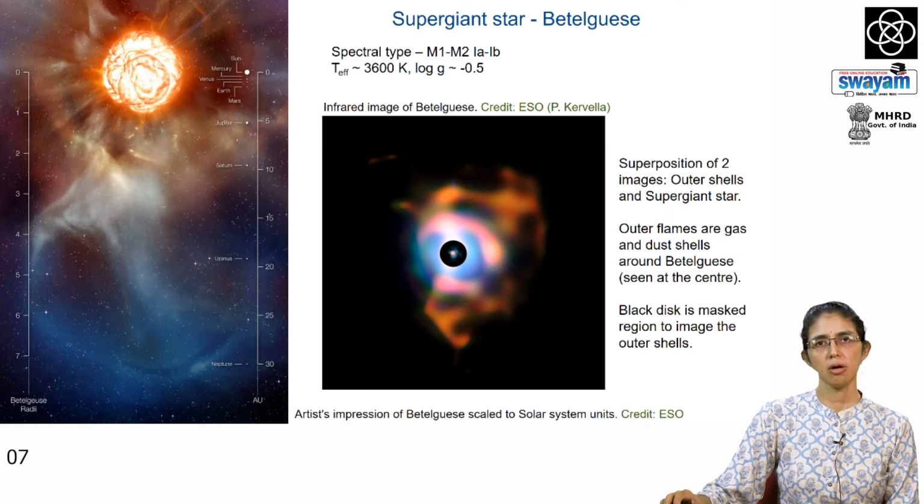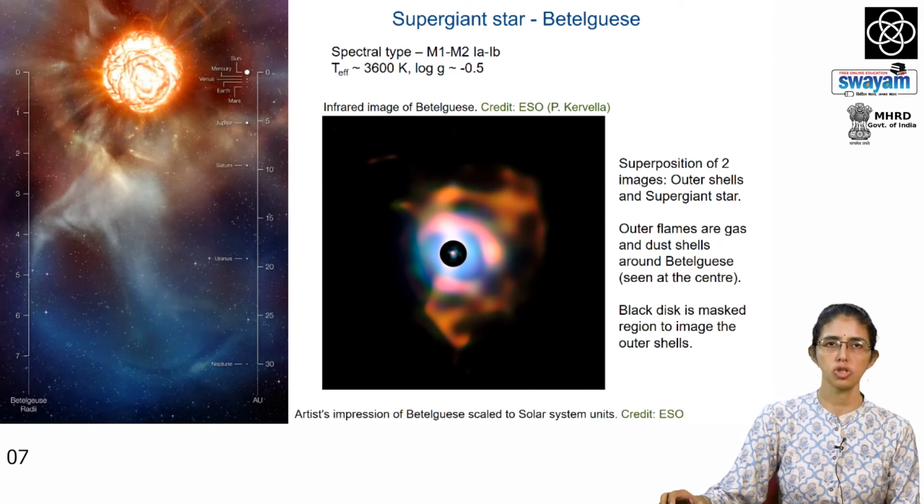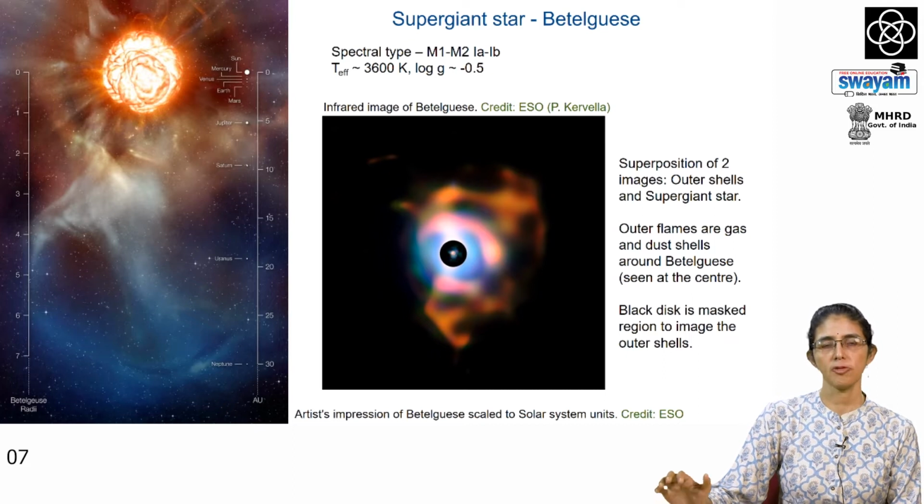An example of a supergiant star is Betelgeuse, one bright star in the constellation of Orion. These stars are very large in size, and what is shown in the left panel is an artistic impression of the supergiant stars as well as the mass loss which is seen from the star along the scale of the solar system.